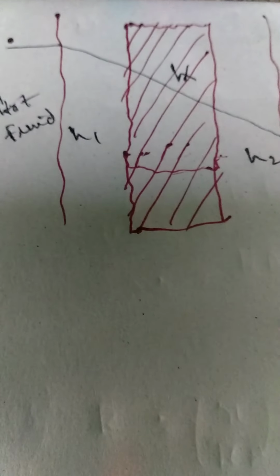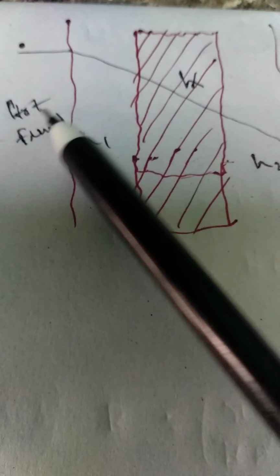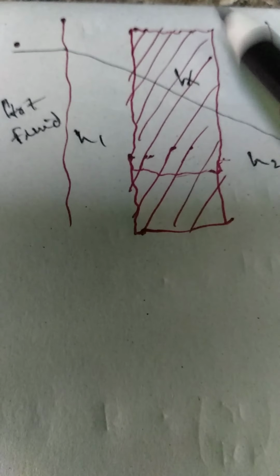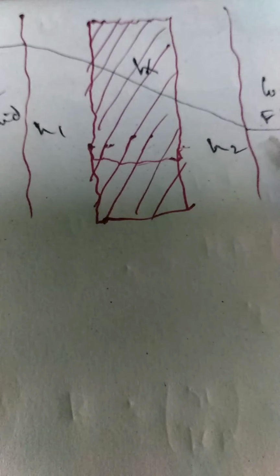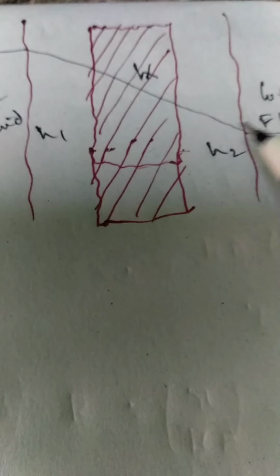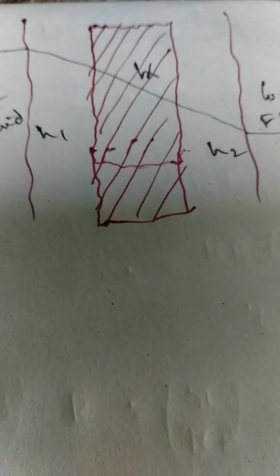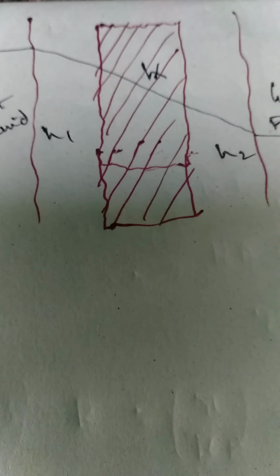The first is the convective thermal resistance of this fluid, then there is this wall, and there is another fluid, this cold fluid, which will also have a convective thermal resistance. For that we have to find out the overall resistance of this thermal circuit. So the three resistances will be in series.